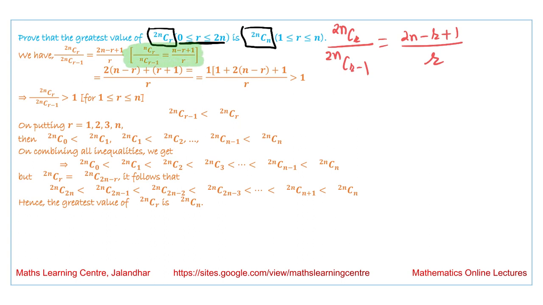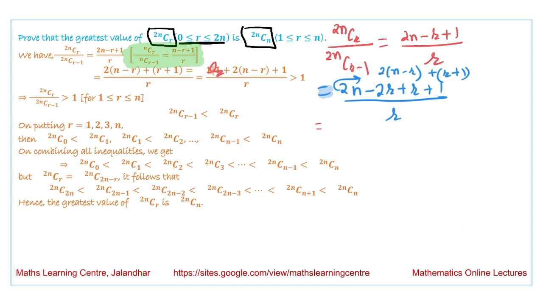This term we can write as (2n minus 2r plus r plus 1) divided by r. Now this numerator we can write as 2 times (n minus r) plus r plus 1, so the ratio is (r plus 2 times (n minus r) plus 1) divided by r.